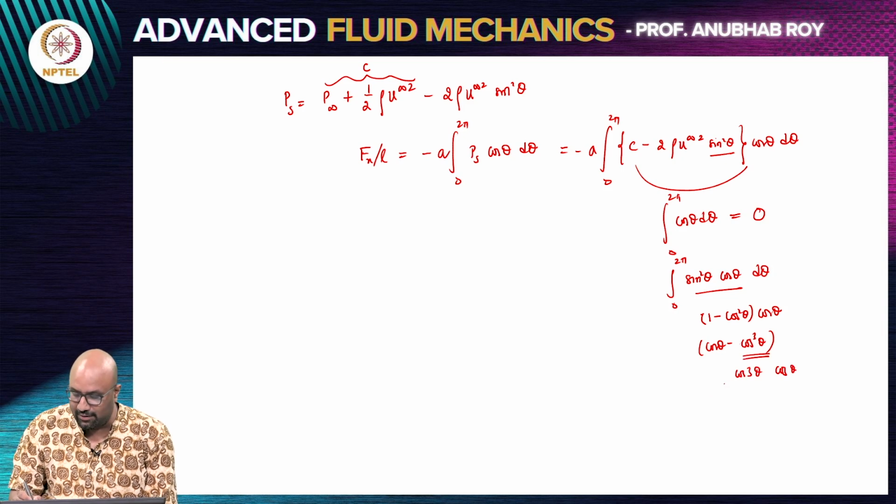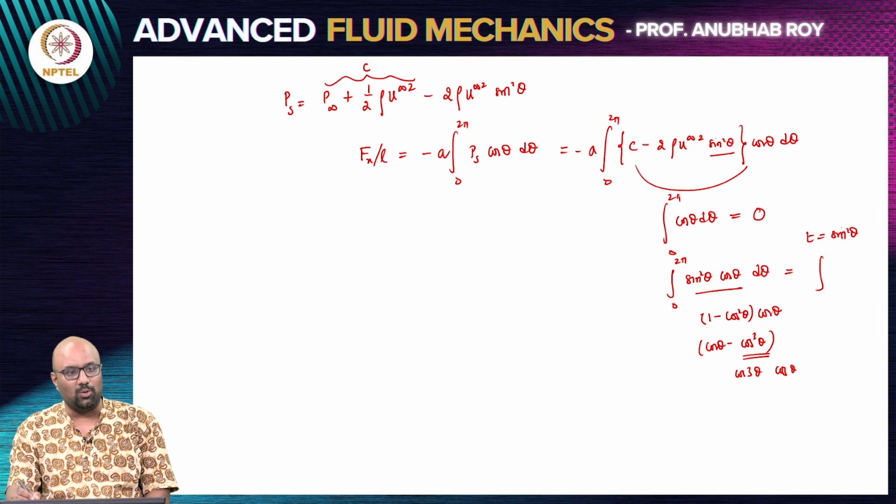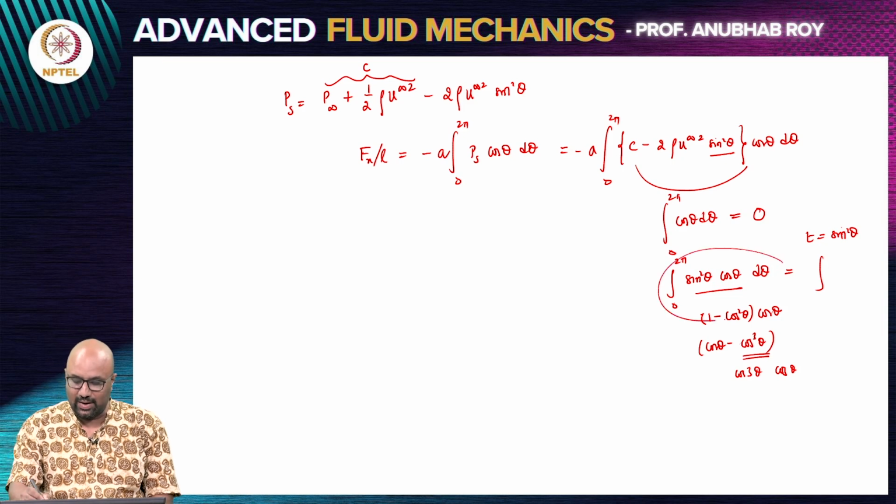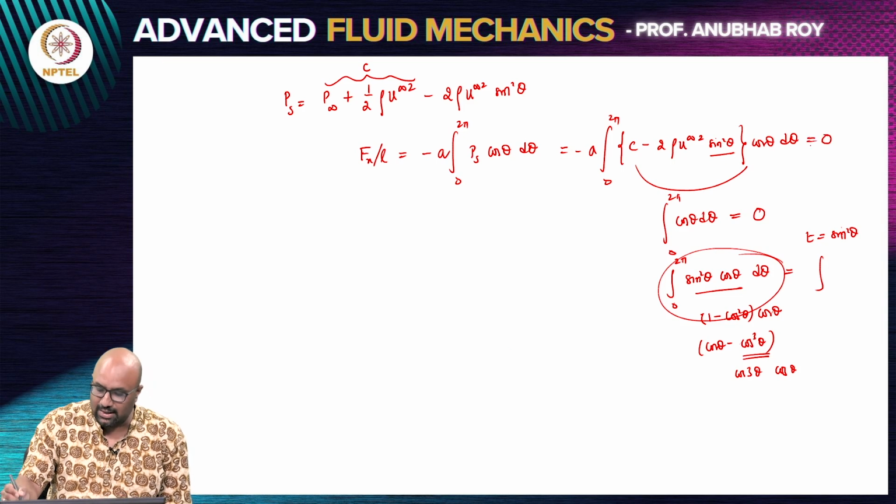Finally this entire thing will involve integrals over cos theta and cos 3 theta, and it will be 0. Or you could do it the other way around: say t is equal to sine theta, in which case this integral will be an integral of t square dt, and that would again be 0. So the integral of sine square theta cos theta also goes to 0, which is saying that Fx is going to be 0.